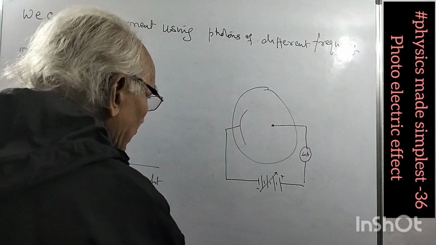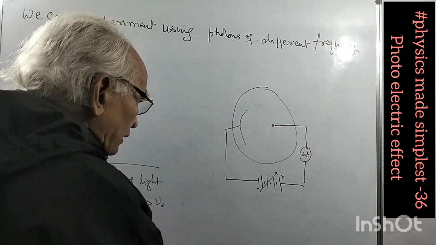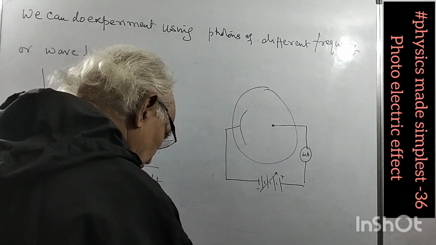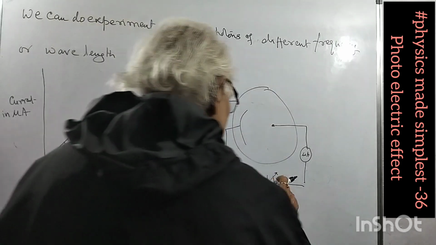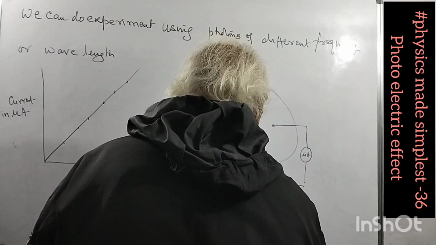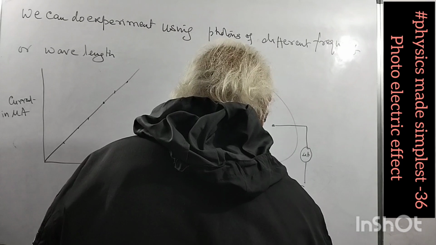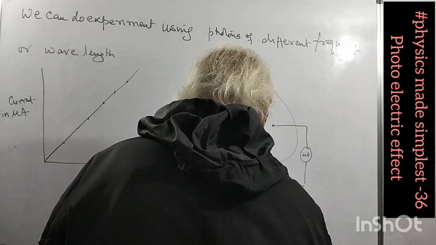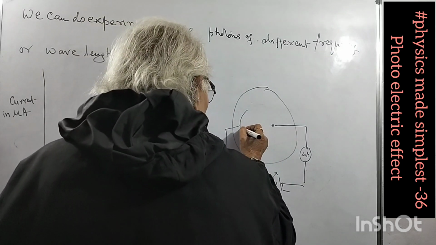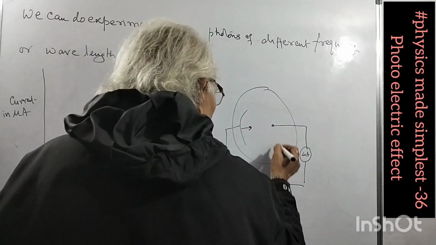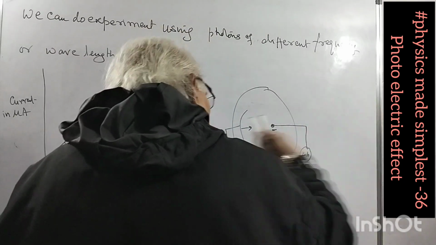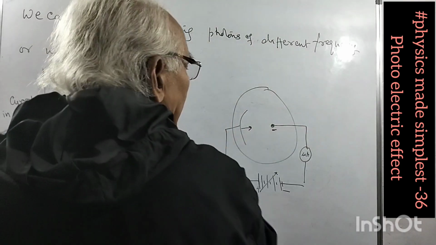In fact, you can reverse the voltage, means make this the positive and this the negative side, like this. So that the electrons coming out from this, here you have now negative potential, so you stop the current.